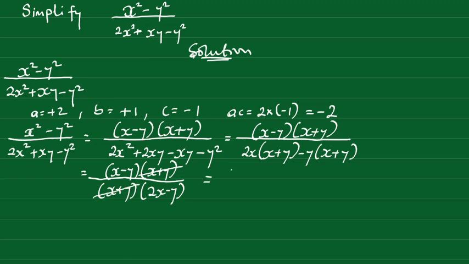This leaves us with (x − y) divided by (2x − y) as our final answer.